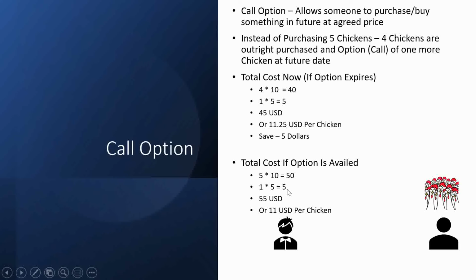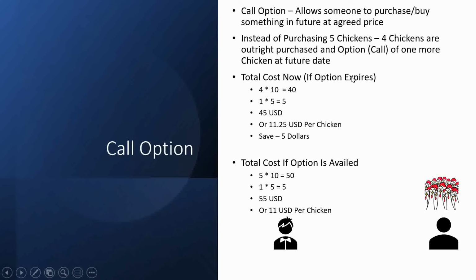So altogether $55 at cost, which is basically $11 per chicken. So I end up paying $5 extra, but I had peace of mind, plus I also saved myself from any price fluctuations. In the original scenario where I bought everything outright, I ended up paying only $50, but in this scenario slightly more, but I was able to address certain issues as well.